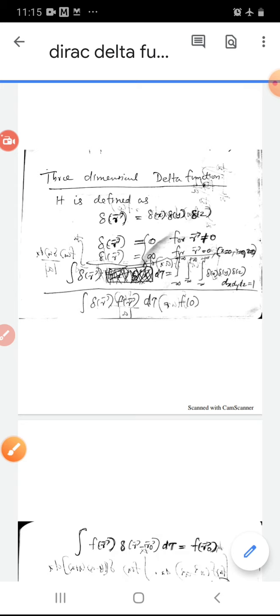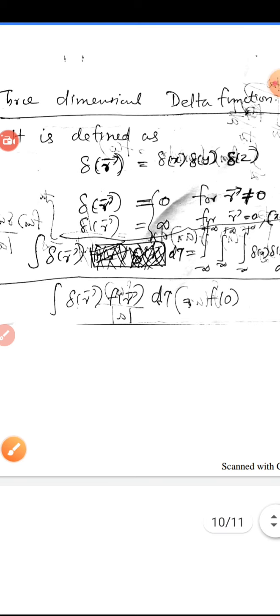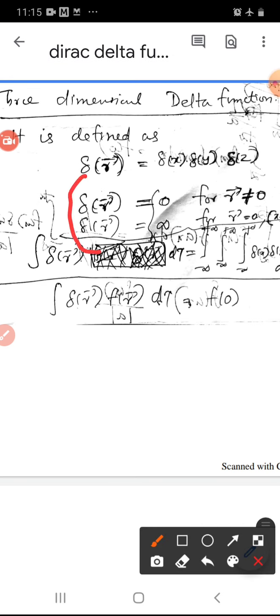The first one is delta r equal to 0 for r not equal to 0, and delta r equal to infinity for r equal to 0.